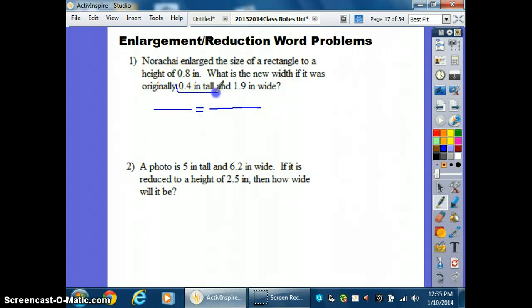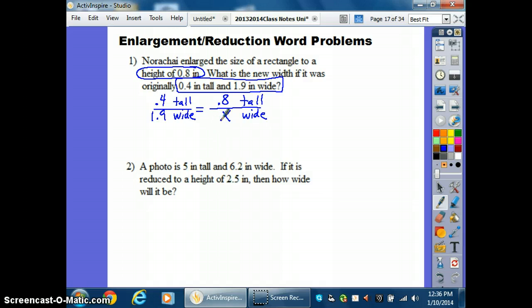And I'm thinking tall and wide on this one. 0.4 inches tall and 1.9 inches wide. And then let's see, it says height of 0.8 inches. So that would be tall, right? And X on the wide.